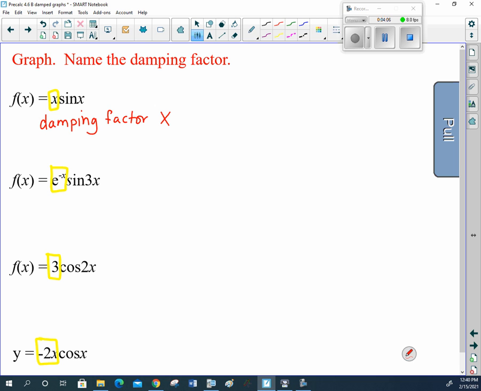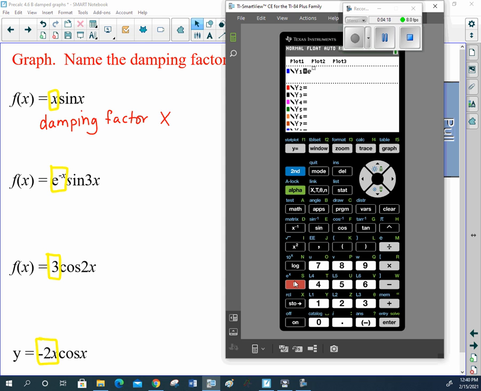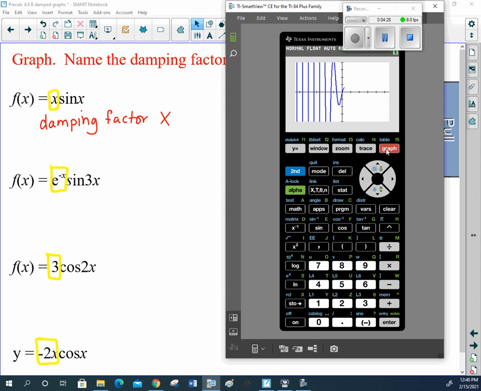Okay, let's do the next one. So this one, we're going to have e to the negative x power and sine 3x. And then we're going to hit graph.